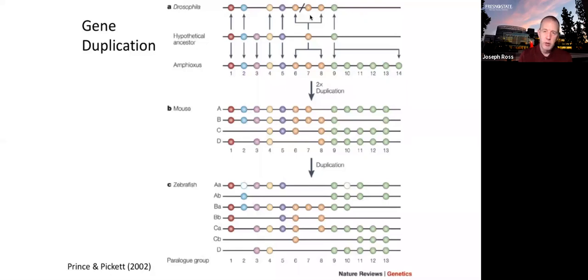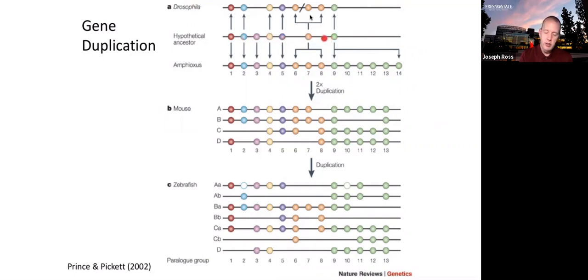So this is another view of essentially the same cartoon showing different species this time, where we're looking at Drosophila. Here's the hypothetical ancestor. So the ancestor of all living organisms, well, insects and vertebrates at least, potentially had those 7 HOX genes.